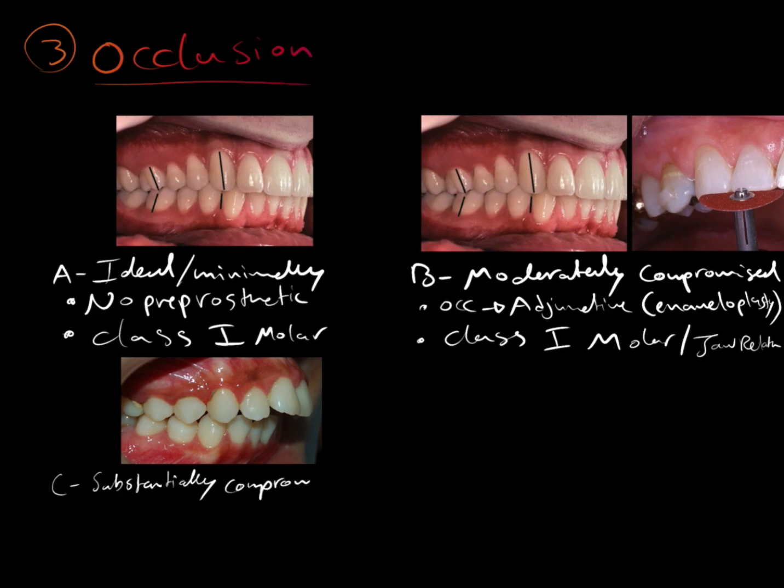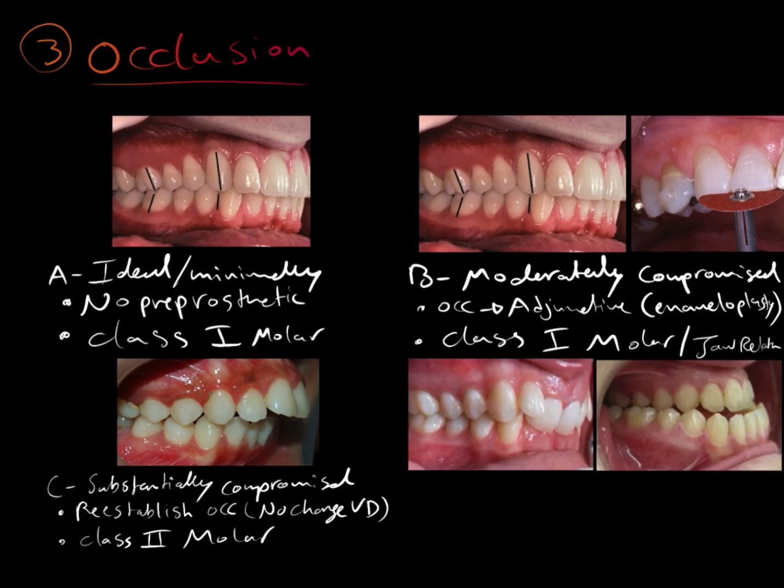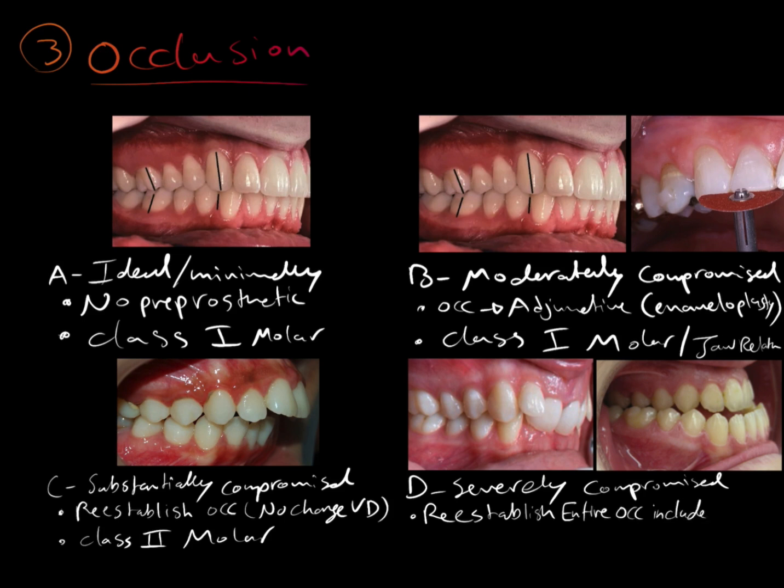Type C, substantially compromised: the entire occlusion must be re-established, but without any change in the occlusal vertical dimension, and Class 2 molar. Type D, severely compromised: the entire occlusion must be re-established, including a change in occlusal vertical dimension, and Class 2 Div 2 and Class 3 molar.